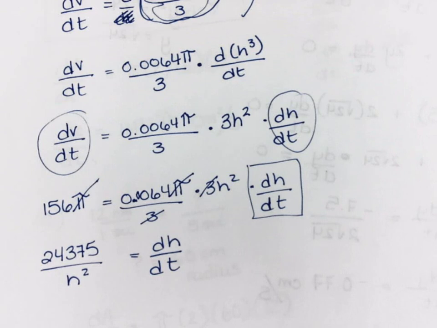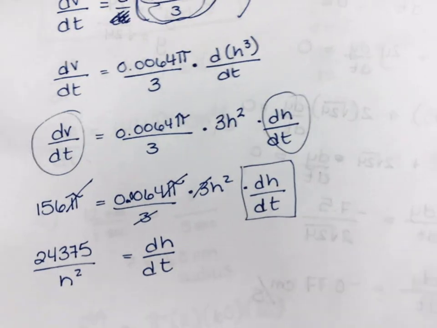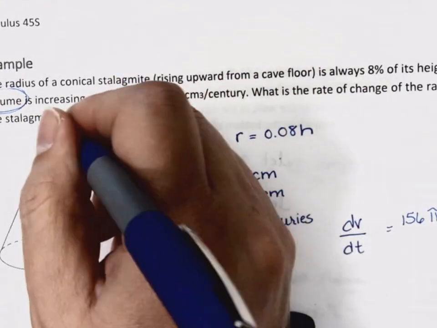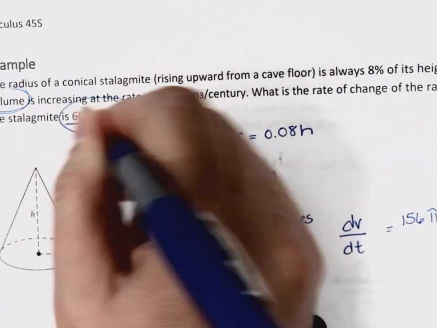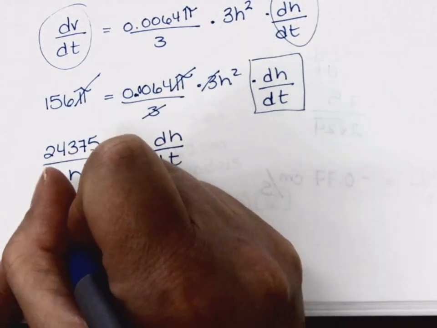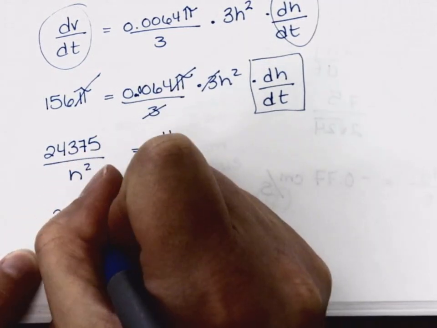Okay, so we now know the rate that the height is changing, or we know the equation of it. If we go back to the question, it wants to know what the rate is when it's 60 centimeters high. So we have this fancy formula, and we can substitute in that 60 into it.